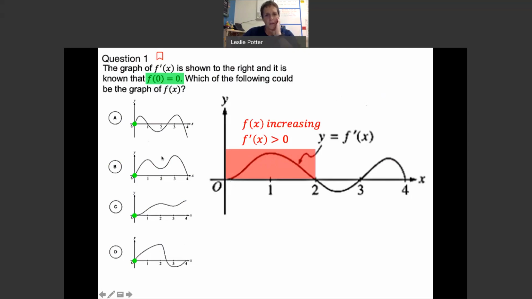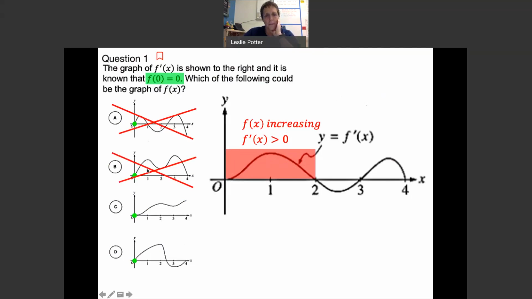So let's take a look at the domains from 1 to 2 for each one of these and see if the function is increasing. So this first function here looks like it increases and then it decreases. So this is out because it's got to be increasing over that entire domain from 0 to 2. This function looks like it's increasing and then it's decreasing, even though it's all positive, but it still has this decreasing part here.